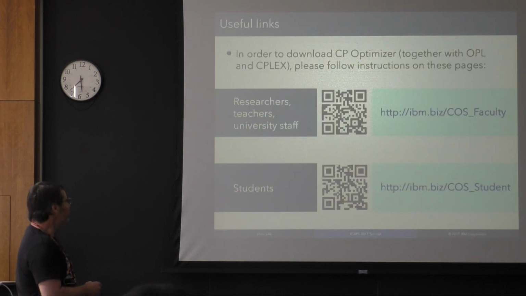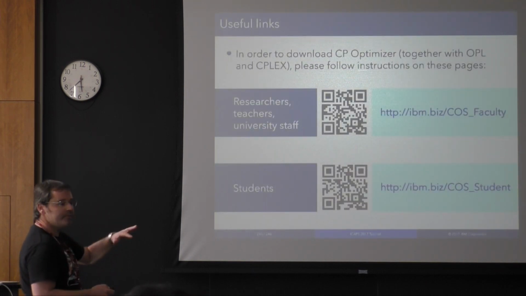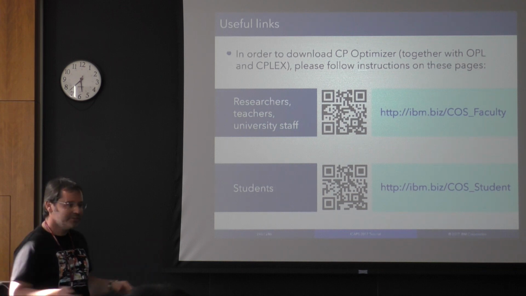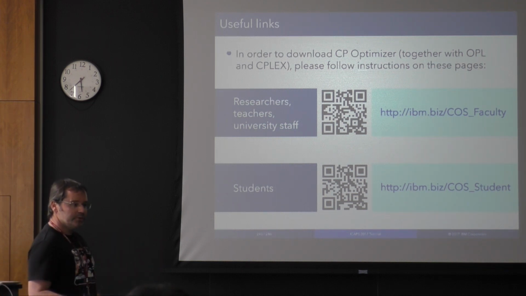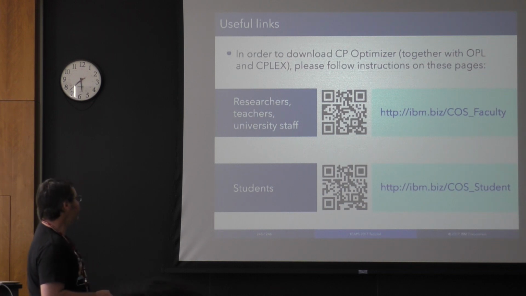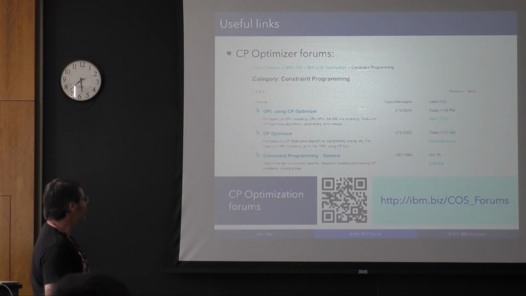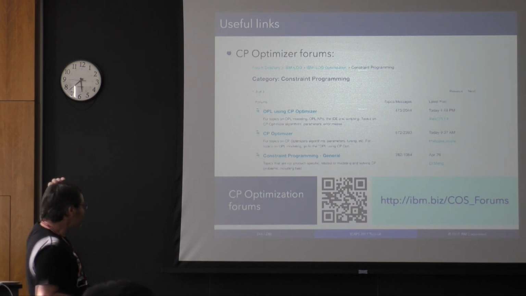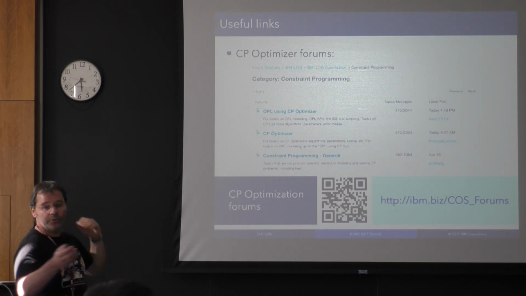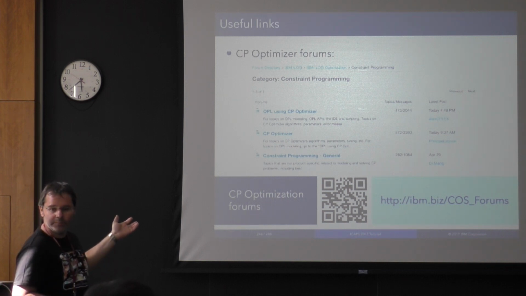If you're interested in CP Optimizer: if you have CPLEX, you have CP Optimizer, so there is no question. You can download it freely if you are a researcher or teacher. And if you have questions on CP Optimizer once you start to use it, there are CP Optimizer forums. If you're using CPLEX, you know that there is a forum for math programming.